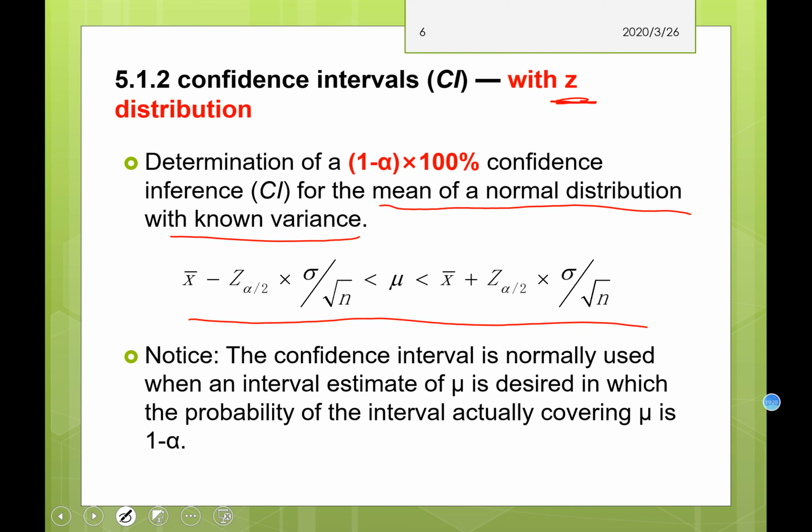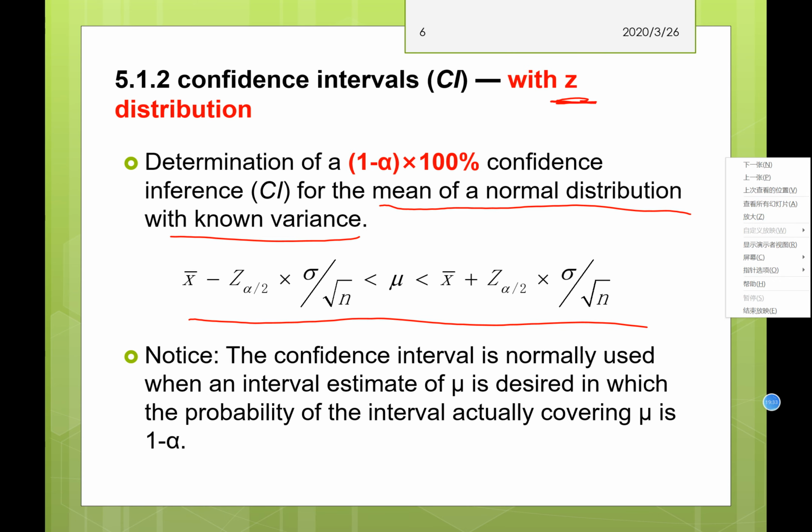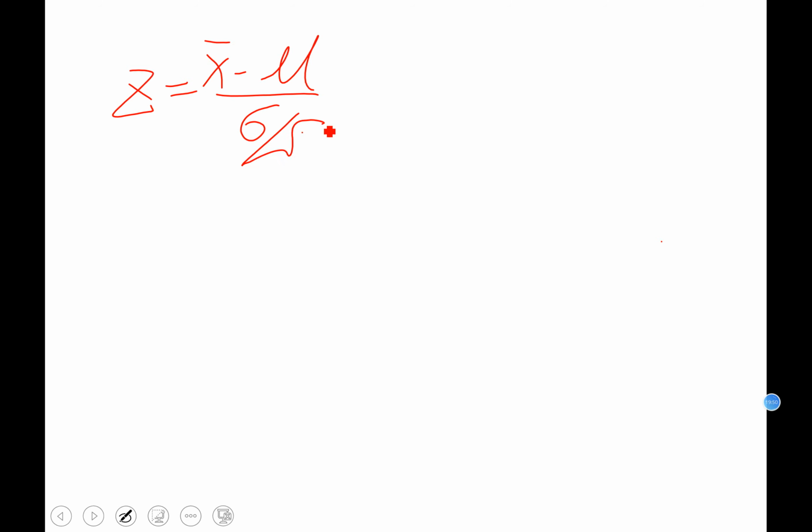And how can we get this confidence interval? I think we have learned that in chapter 2 in the normal distribution. But I will still explain that in this class. This is the formula for z, what we have mentioned just now.